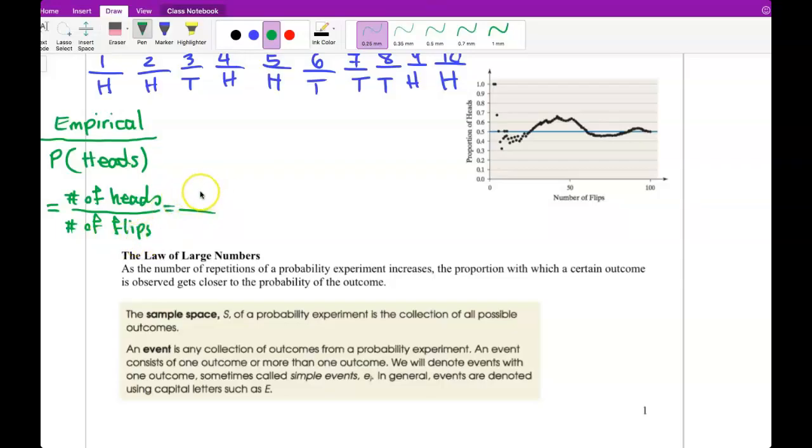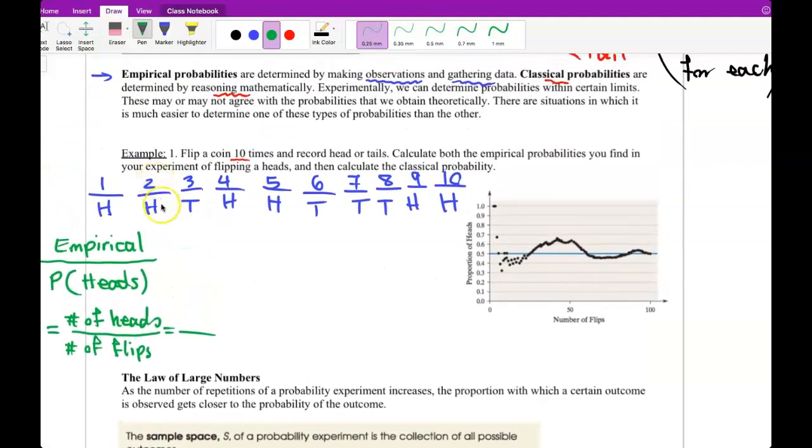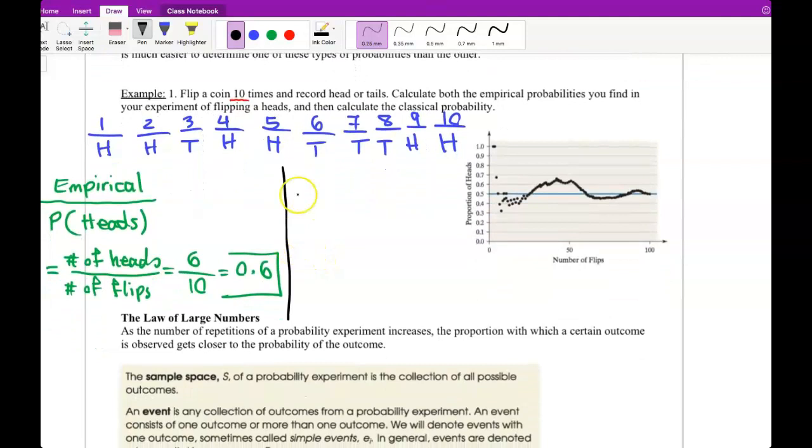So counting how many heads we have here on top based on these observations that we have, 1, 2, 3, 4, 5, 6, and in total we have 10. That is 0.6. So this was based on empirical probability, and now classical.